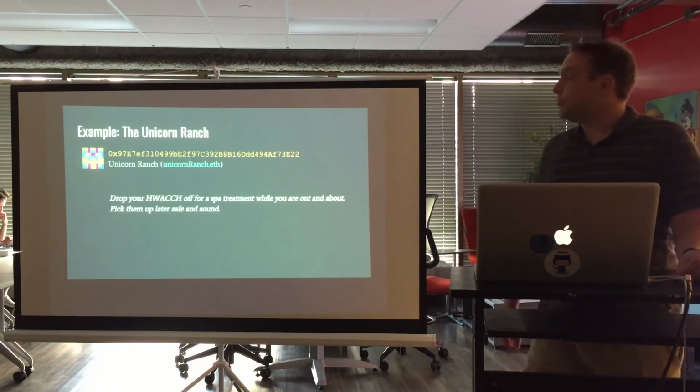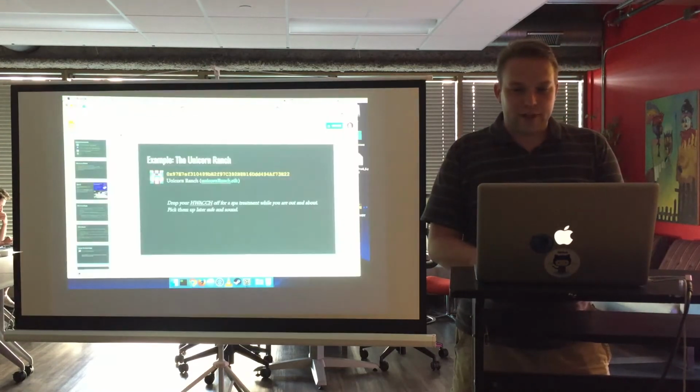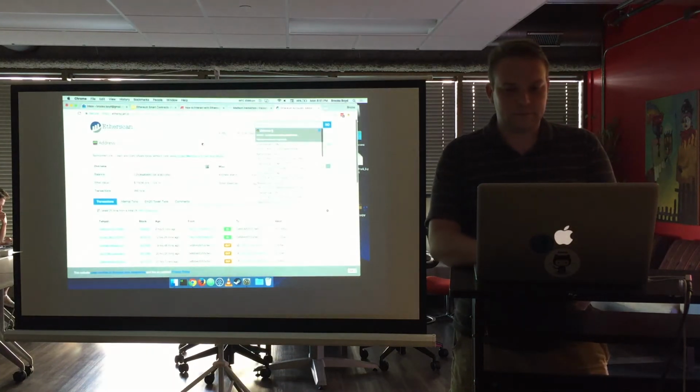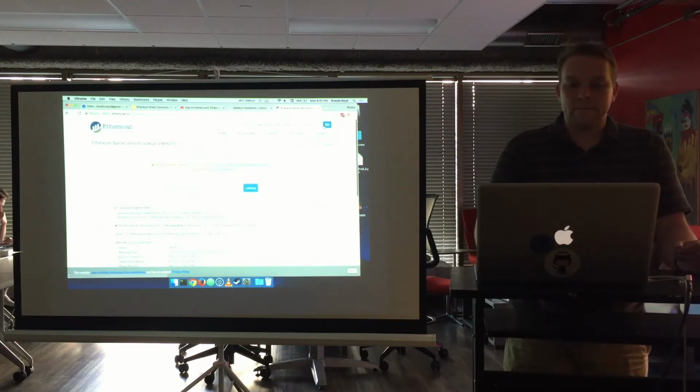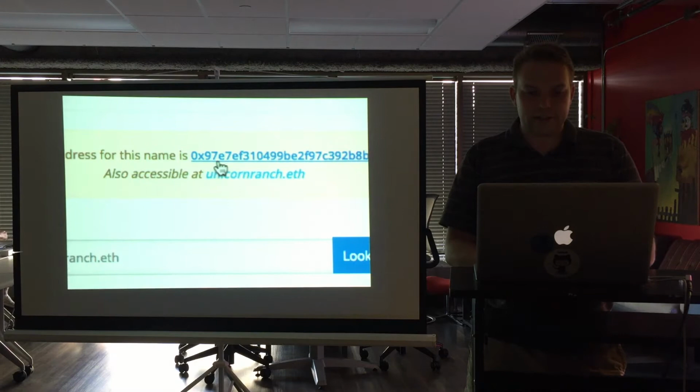So this Unicorn Ranch contract, unicornranch.eth, let's take a look at that one here. All right, and we'll take a look here. Etherscan says 97E7EF.